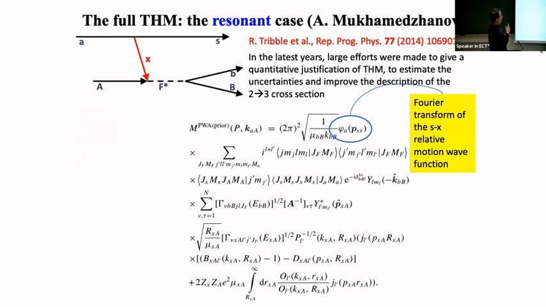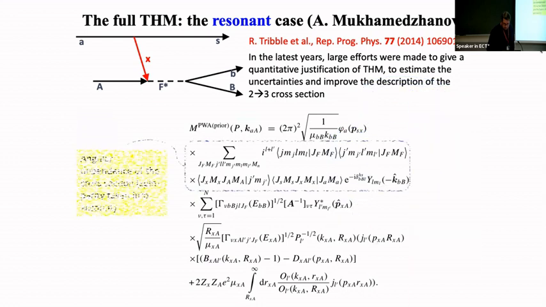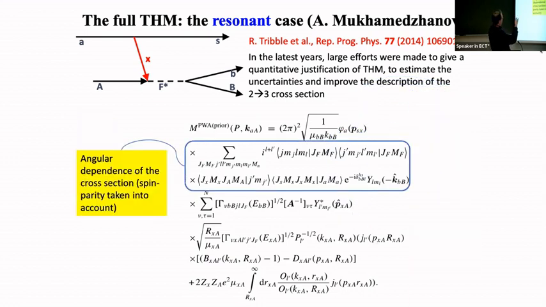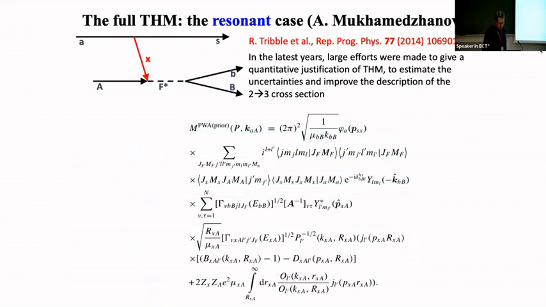So you have a dependence on the relative momentum between the two particles x and s, which were the proton and neutron in the previous slide, okay? Then you have some angular dependence, so the effect of spin and so on, which you remember were not present before because it was a simplified equation.